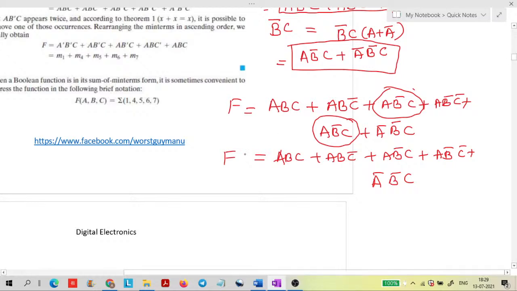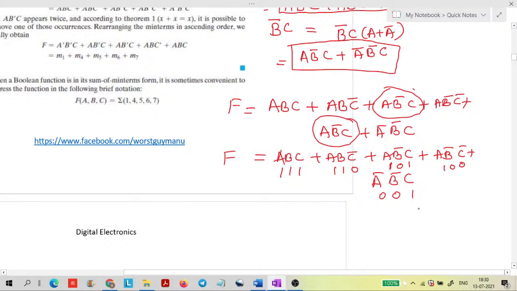Here this particular 111 in minterms means it is 111, 110, 101, 100, 001.